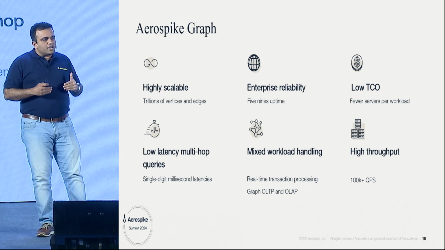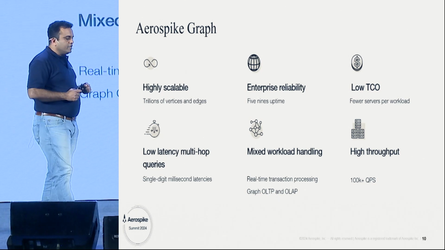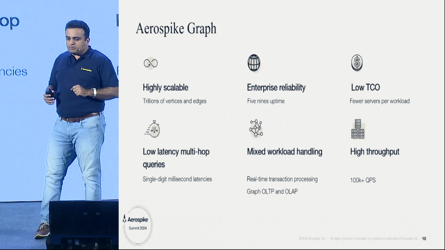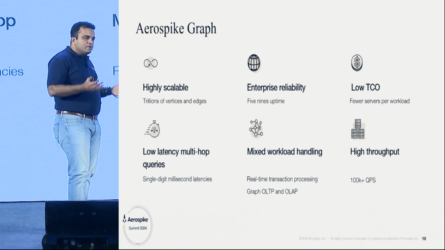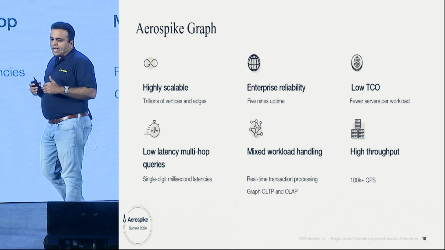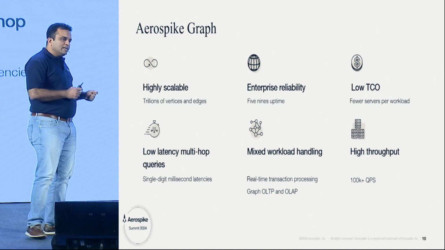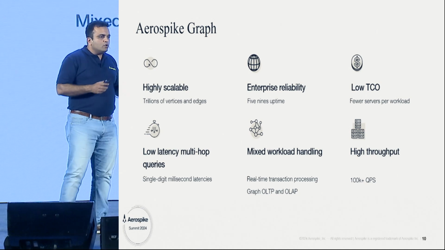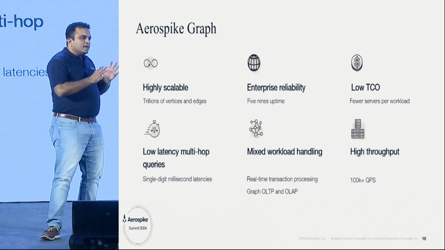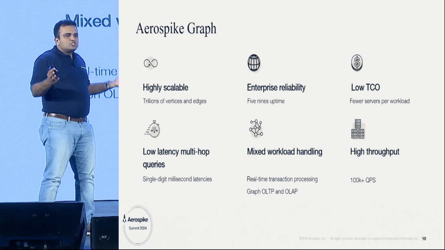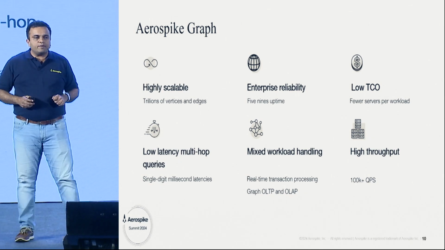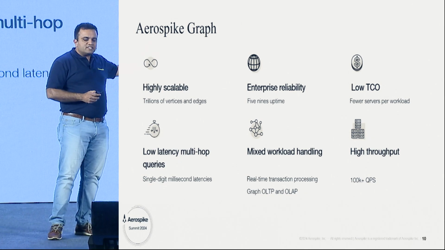And it's based on our good old Aerospike key value storage engine, and you heard about it over and over on multiple talks in terms of the enterprise-grade reliability it gives, hence the strong adoption of it. Its ability to handle mixed workloads, OLTP, which is already there, and OLAP, which is something in the works in our product. And all this at a significantly low TCO, because the storage engine is SSD-based. You don't need to store all the data in RAM and still have the ability to support extremely high throughputs.